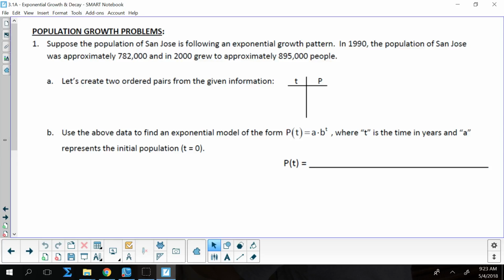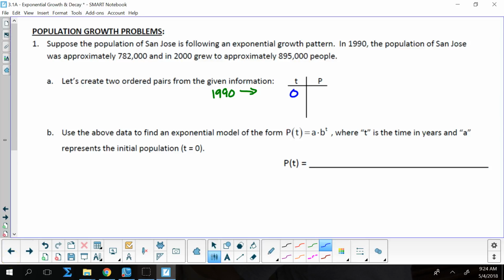So if I say that 1990 here is year 0, that's fine. Then all my x values are going to be years since 1990. Okay?